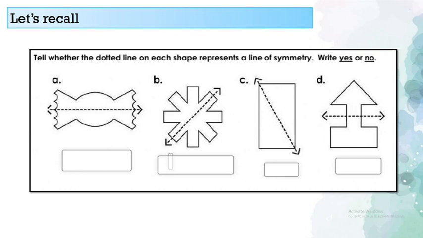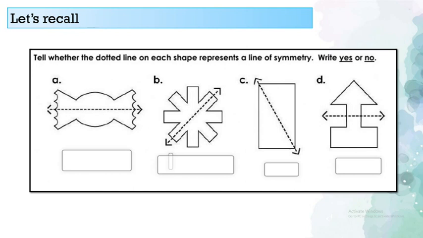Let's look at the picture in B. Can this picture be divided into equal parts? Yes, we can say that this picture also has a line of symmetry. In picture C, it has a rectangle. Does it have a line of symmetry?